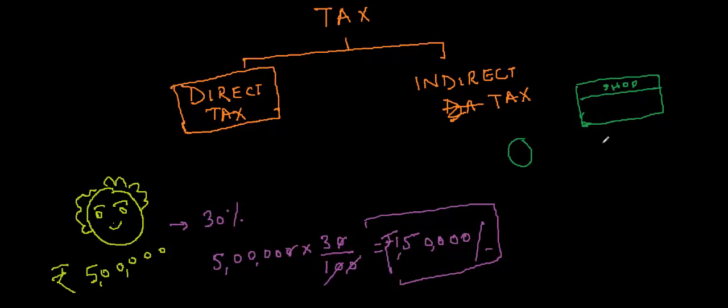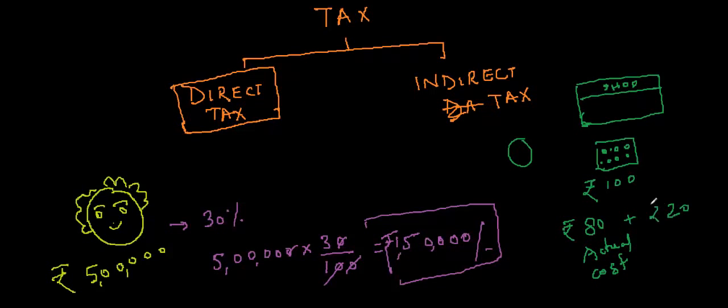This medicine costs him, let us say, 100 rupees. Now in this 100 rupees there is an amount of tax. Just to give an example, it could be 80 rupees of the actual cost of the medicine, and 20 rupees would be the taxes on it. It could be drug tax or any other tax which the government decides on.